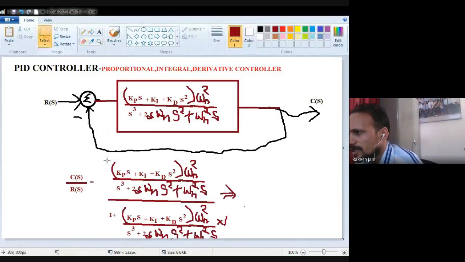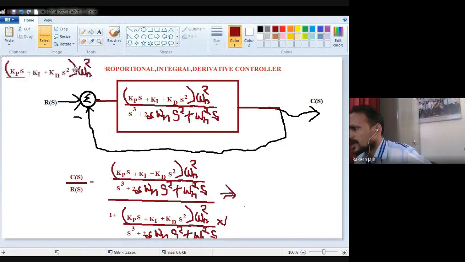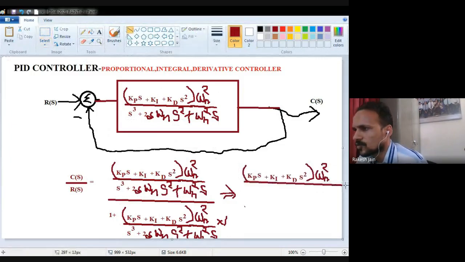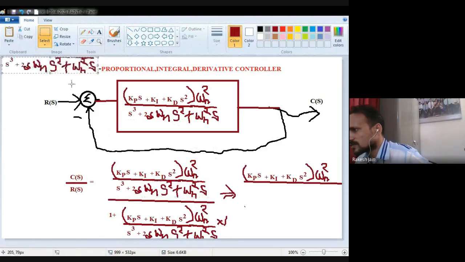In the numerator we have (Kp S plus Ki plus Kd S square) multiplied by omega n square, divided by S cube plus twice delta omega n S square plus omega n square S plus (Kp S plus Ki plus Kd S square) omega n square.